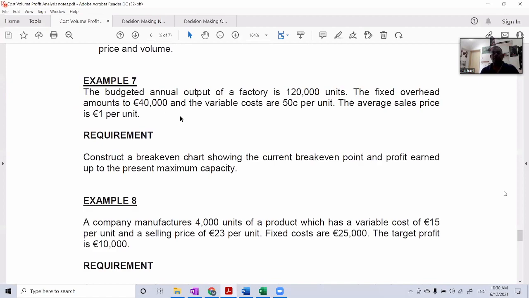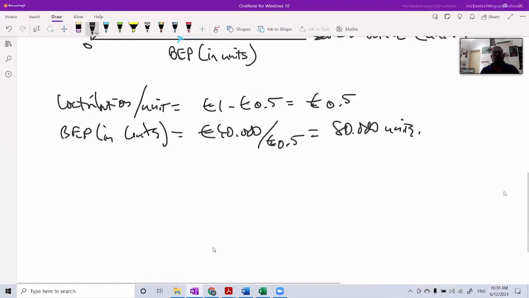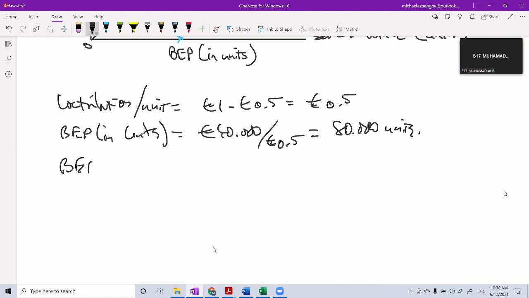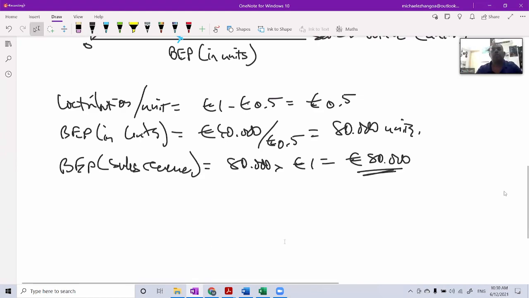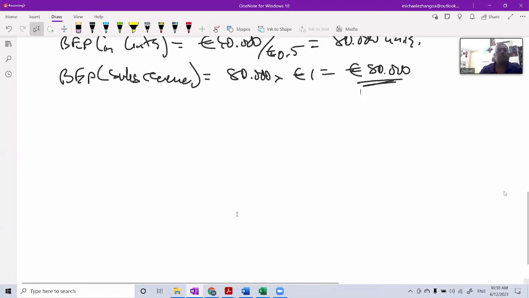And your break-even point in sales revenue is €80,000, right? Okay, so I'm going to construct the graph.